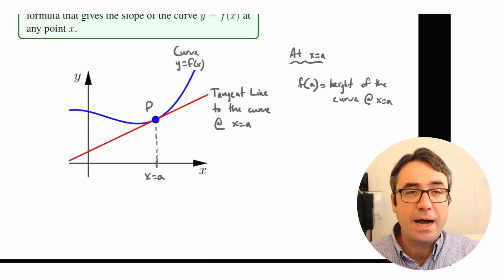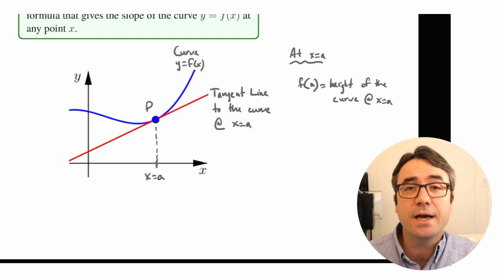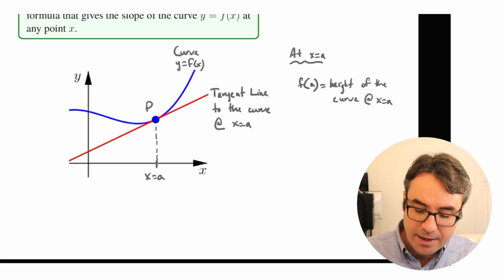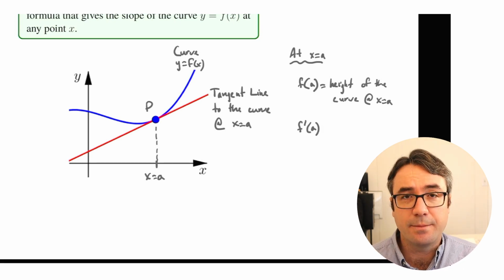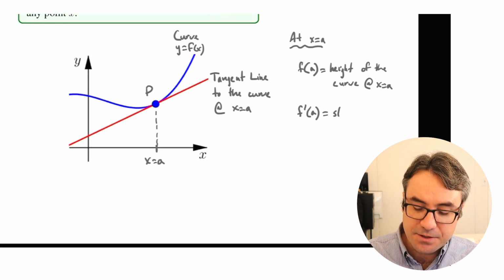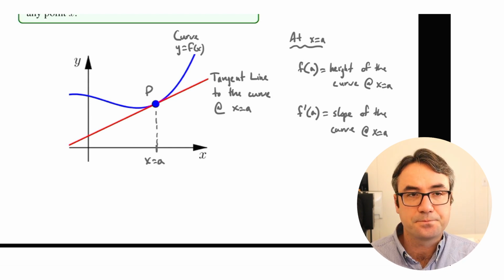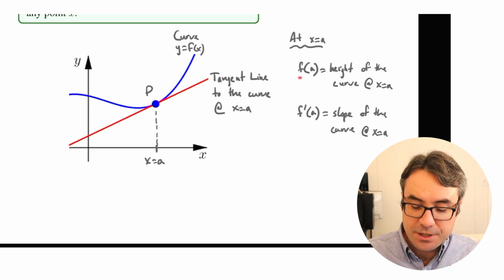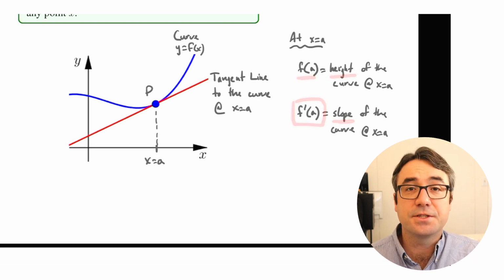So it tells us how high we are above or maybe below the x-axis. And then f prime of a, this new function, the derivative, if we plug into that, that's going to tell us the slope of the curve at x equals a. So the original function tells us the height, the derivative tells us the slope.